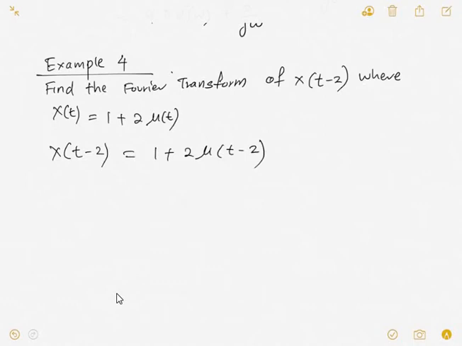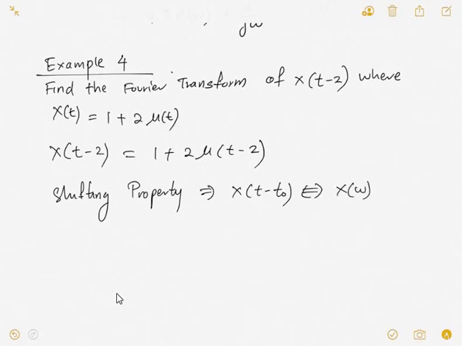This refers to the shifting property, in which x(t - t naught) gives X(omega) e^(-j omega t naught). So x(t-2) gives X(omega) e^(-j 2 omega).